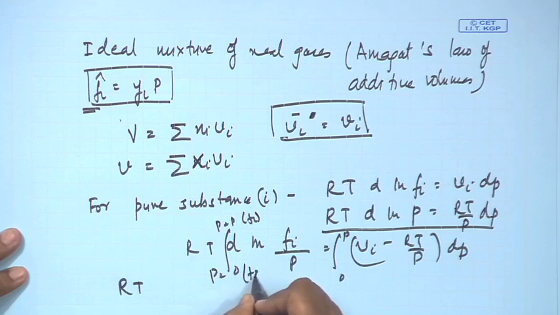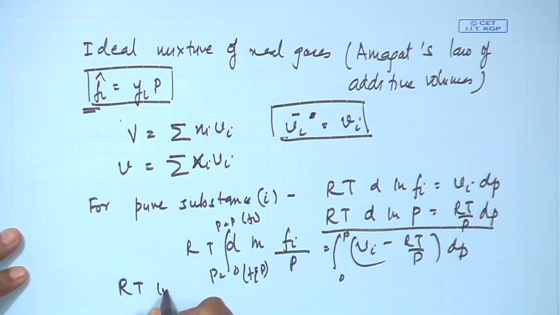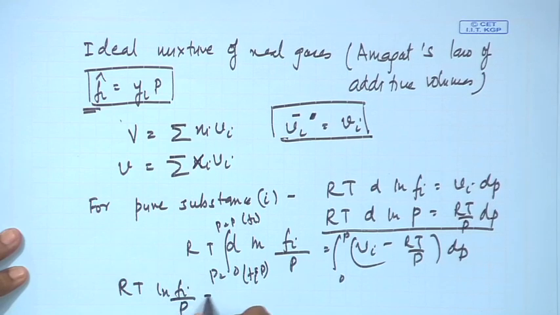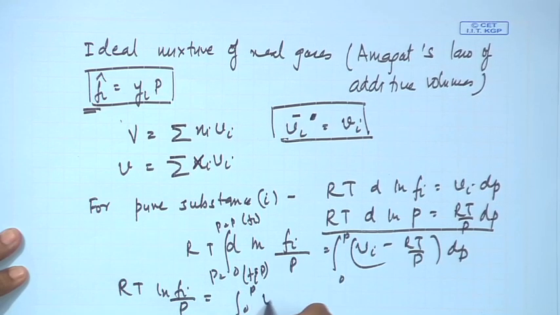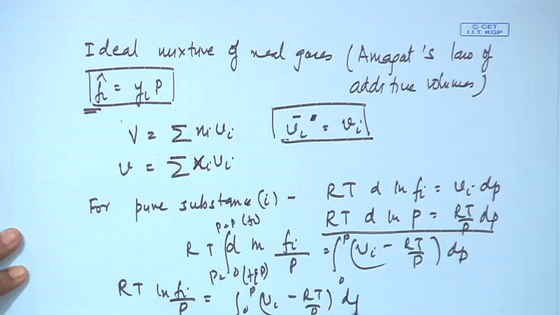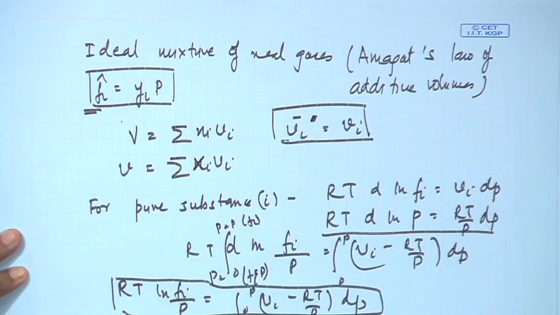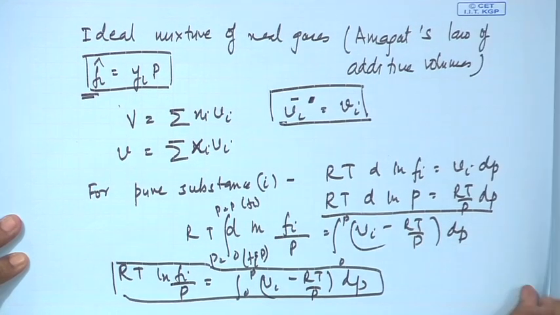Here the value of Fi at zero pressure is equal to the total pressure, right. So, we get RT ln Fi by P equals the integral from 0 to P of Vi minus RT by P dP. This is what we get for a pure component I.